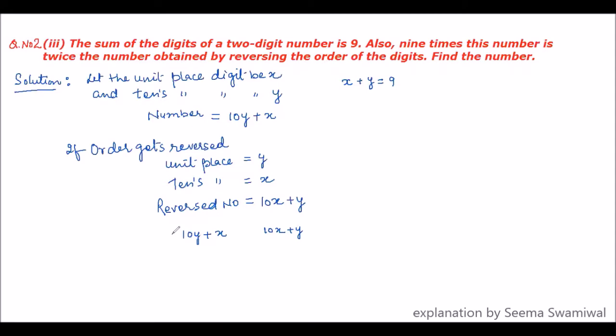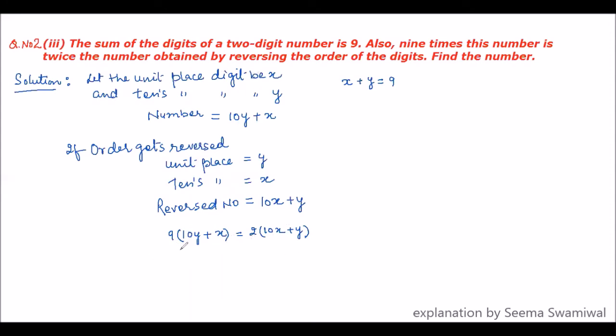So when you multiply this number by 9, this will become equal to 2 times the reverse number. Once again, read out the question and try to understand. 9 times the number, so the number should be multiplied by 9, is equal to twice the number obtained by reversing the order. So the reverse number will be multiplied by 2.